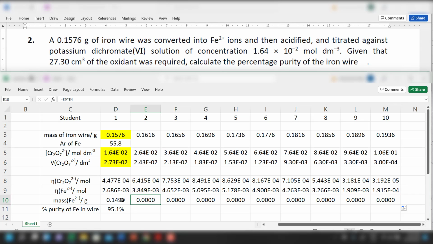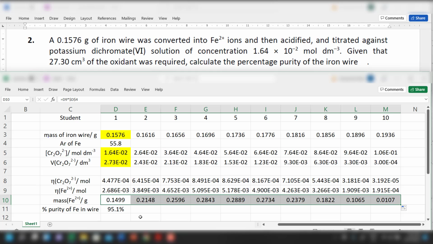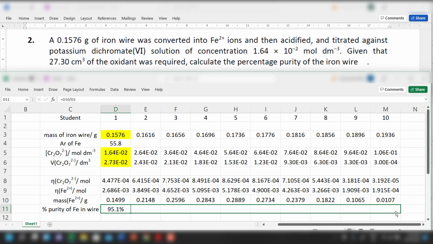Oh, okay, so the mass should be consistent. Oops, I have to change the formula a little bit, because the mass of iron is fixed. In Excel, you just need to put a dollar sign. So this is fixed. Drag it across, and then I'm going to get a percentage.